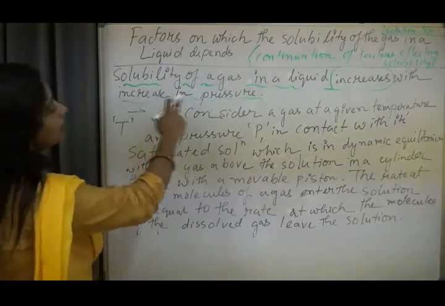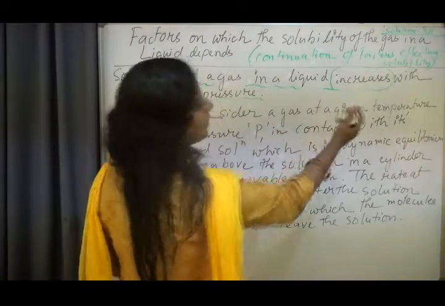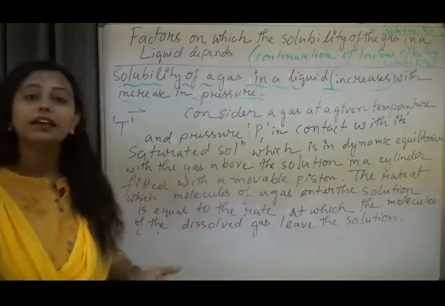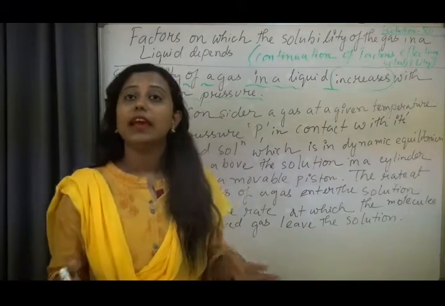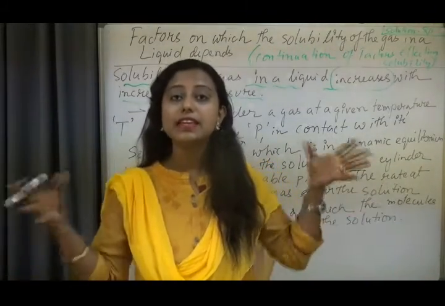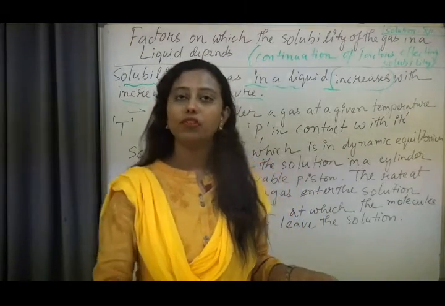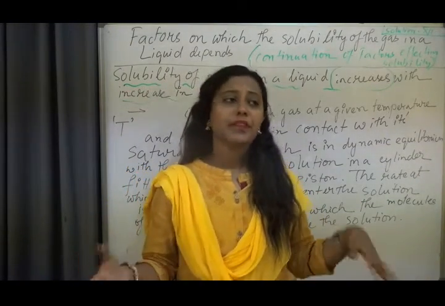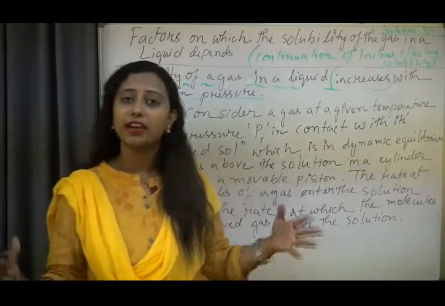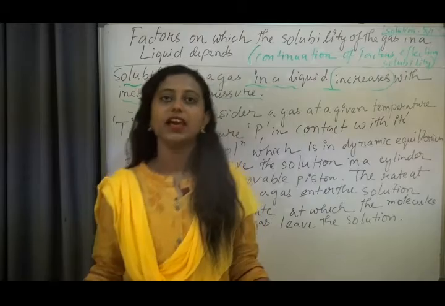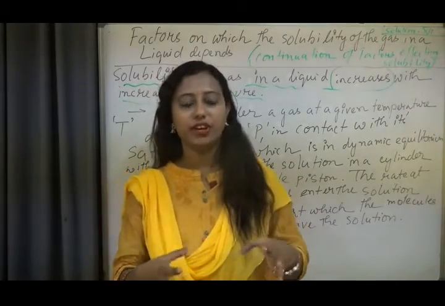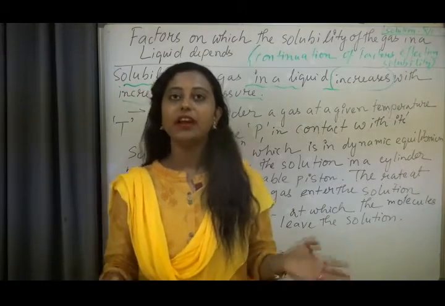The solubility of a gas in a liquid increases with the increase in pressure. A liquid is more soluble when pressure is exerted on it. For example, hydrogen gas and oxygen gas cannot be dissolved in water readily, so we need to apply high atmospheric pressure at low temperature.